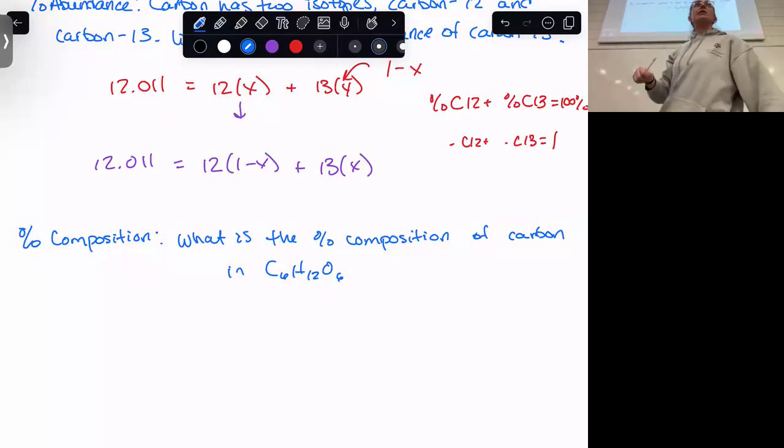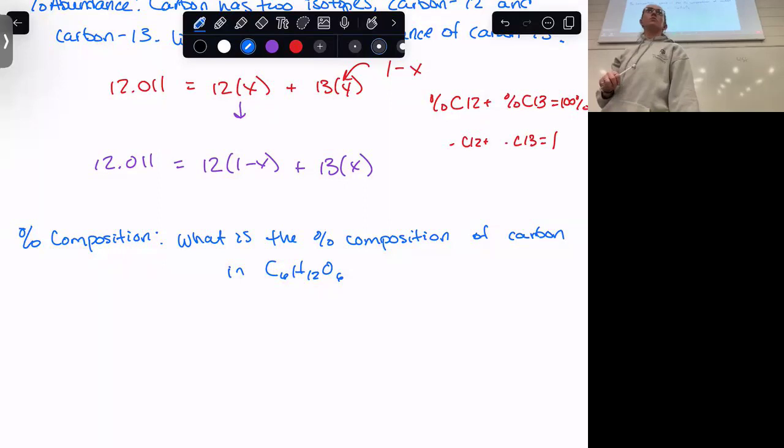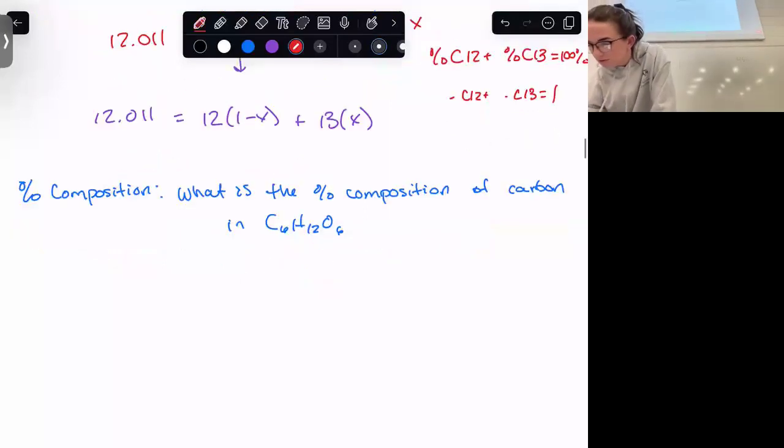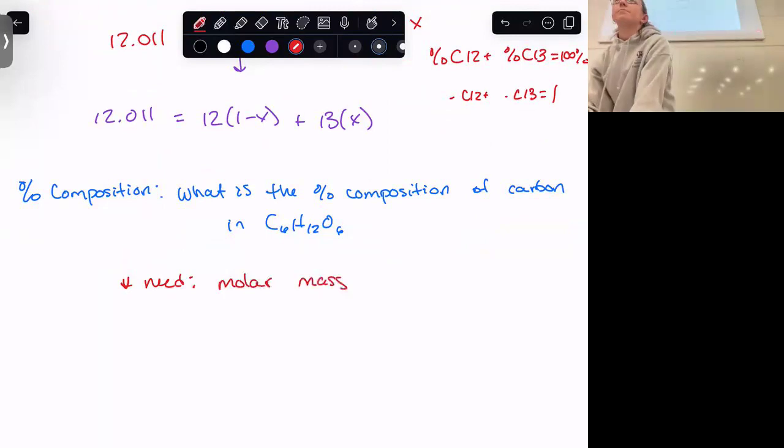What do we typically need for percent composition questions? We need molar mass. Of what? Good.